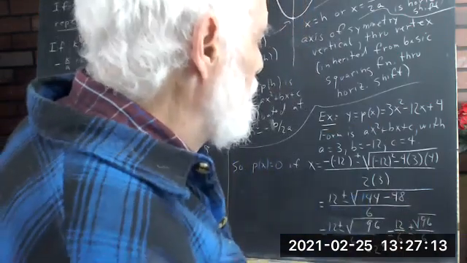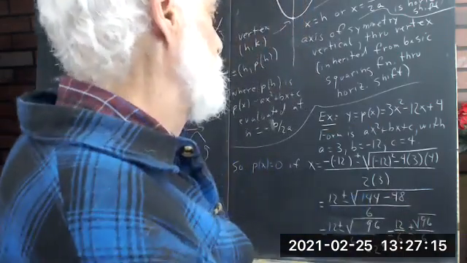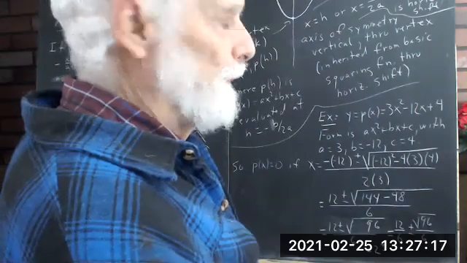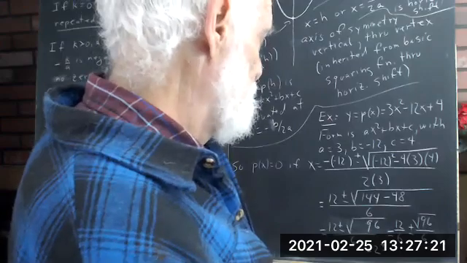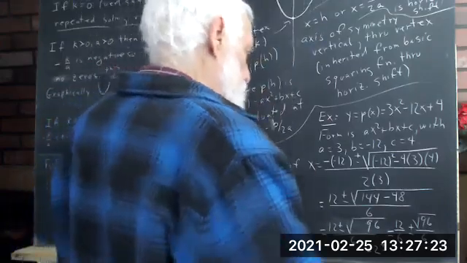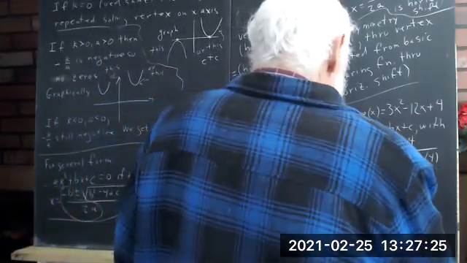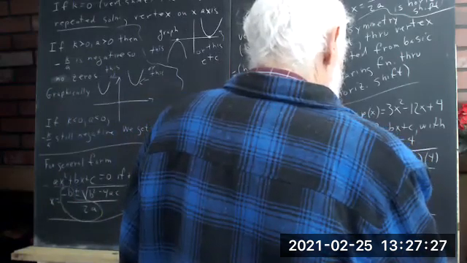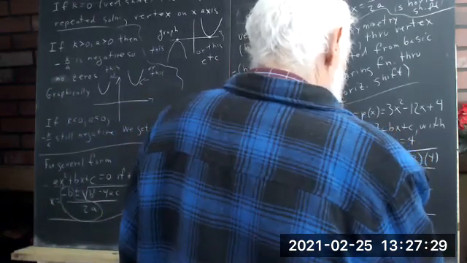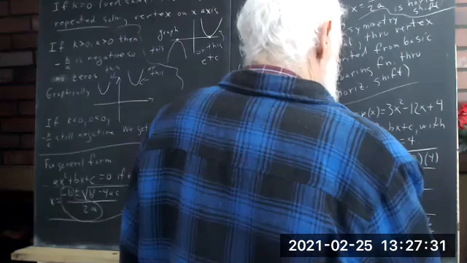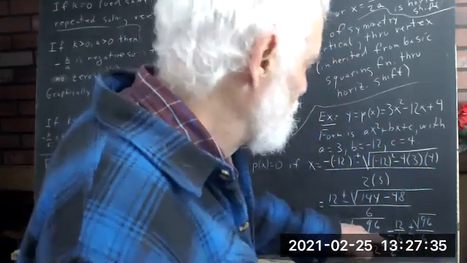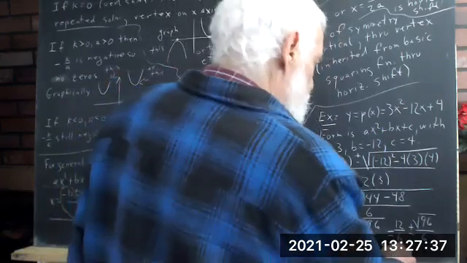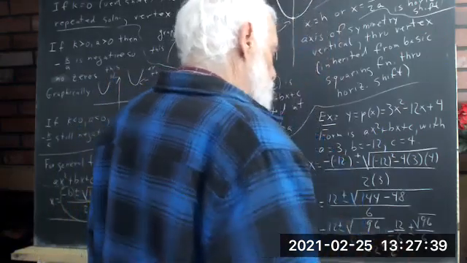Now, the square root of 96 is approximately 9.8. And it's getting hard to write down here. That says 9.8 over 6.